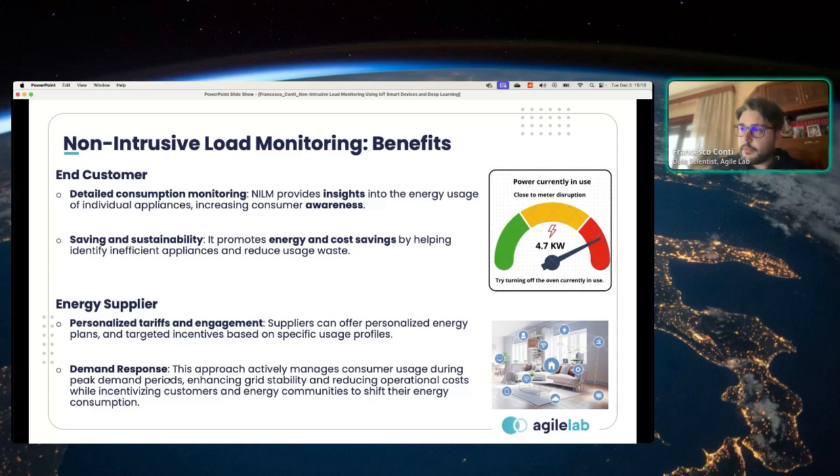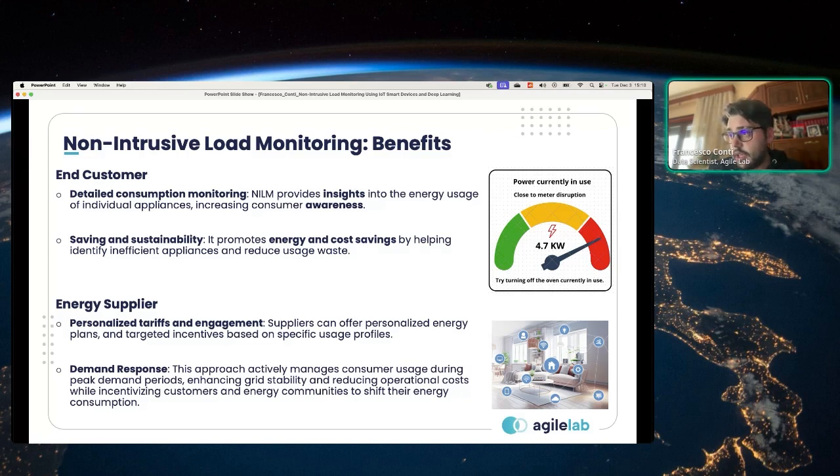And the last point is about demand response. This kind of techniques consists in an agreement among the energy supplier and the final customers, with the final goal of preventing the overload of the grid. And with demand response programs, users can have rewards from the energy supplier by shifting their energy usage to non-critical hours.